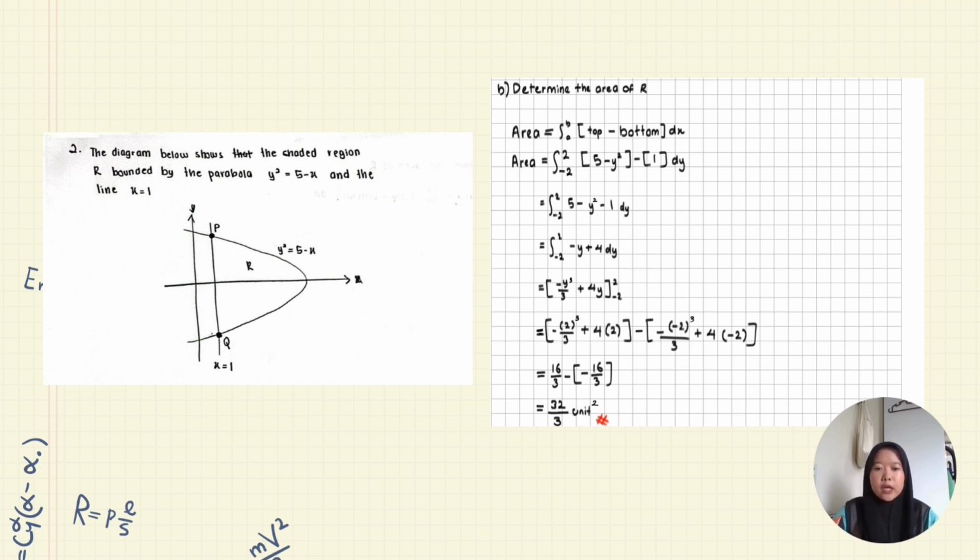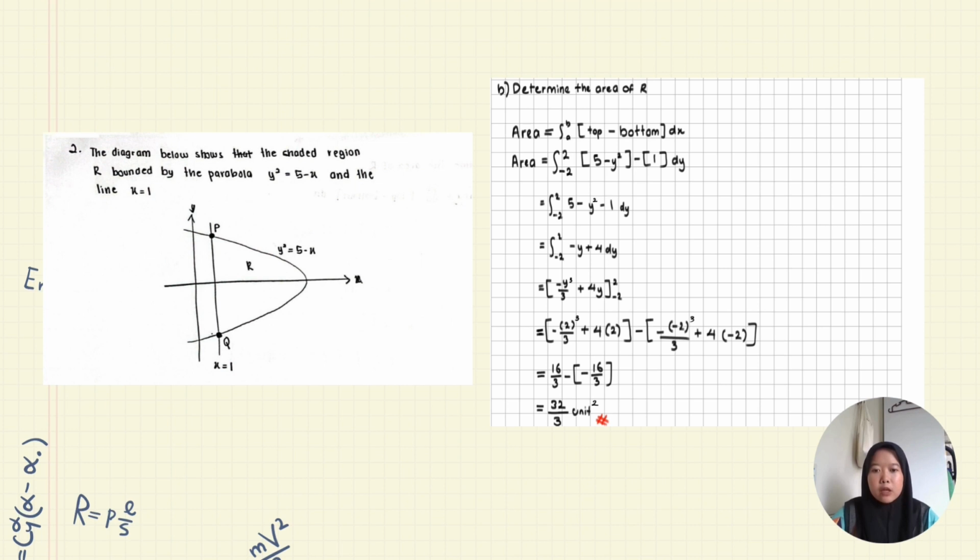Then we calculate the equation: when we remove the brackets, we get 5 minus y squared minus 1. Then the integral from negative 2 to 2 becomes negative y squared plus 4, which is 5 minus 1. And then we can integrate the equation.